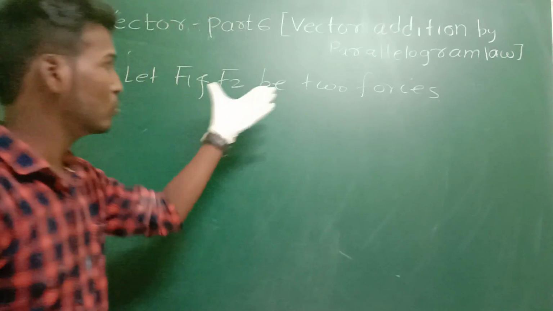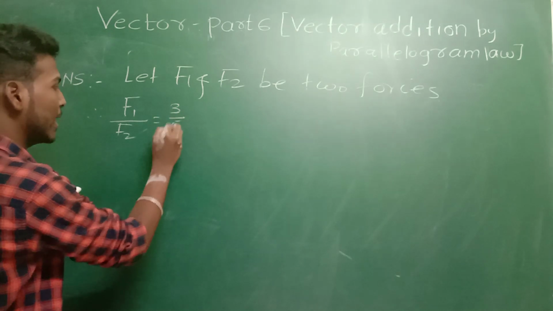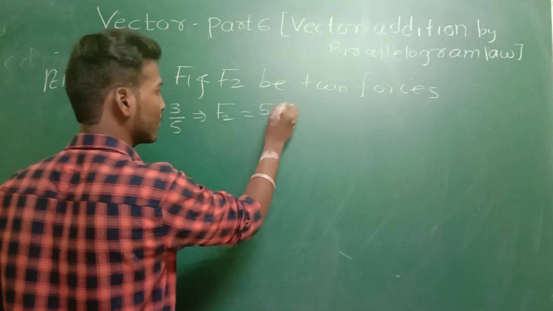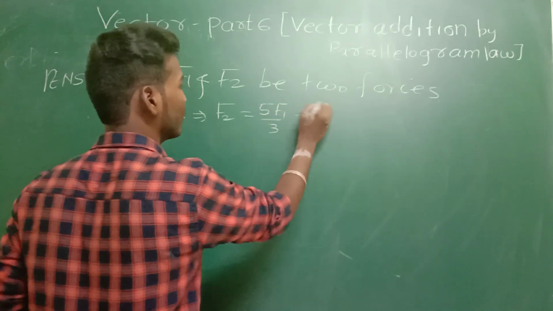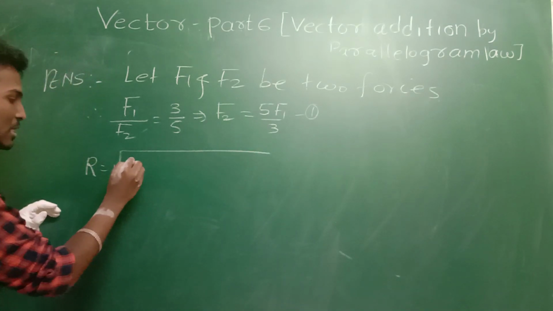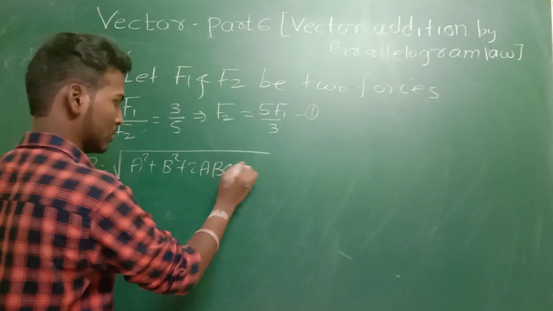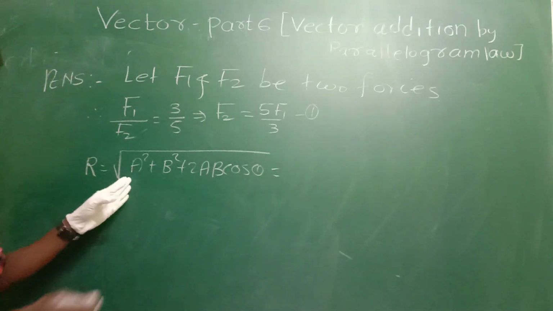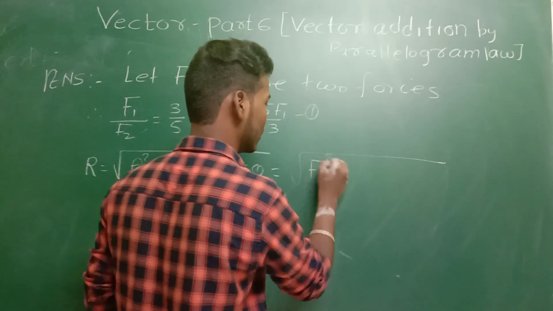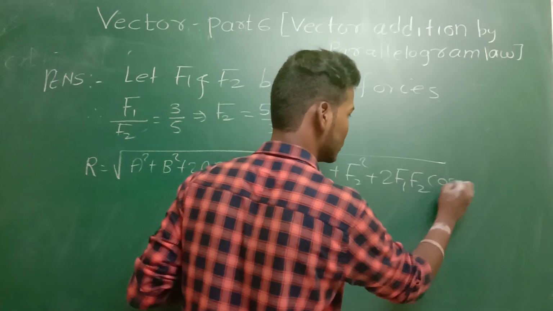Let F1 and F2 be two forces, then F1 divided by F2 is 3:5, which gives us F2 equal to 5F1 divided by 3. This is equation 1. We know the resultant has the formula square root of a square plus b square plus 2ab cos theta, where a and b are the magnitudes of the first and second vectors. Similarly here, square root of F1 square plus F2 square plus 2 F1 F2 cos theta.